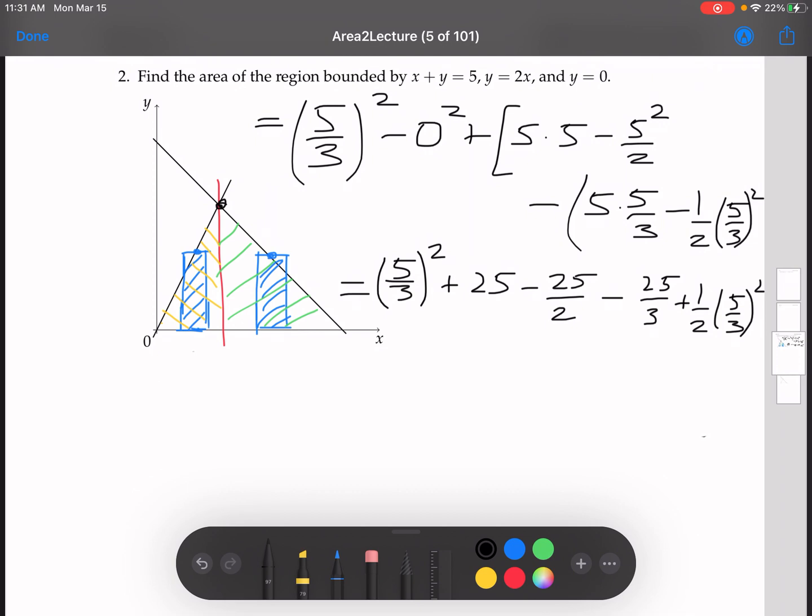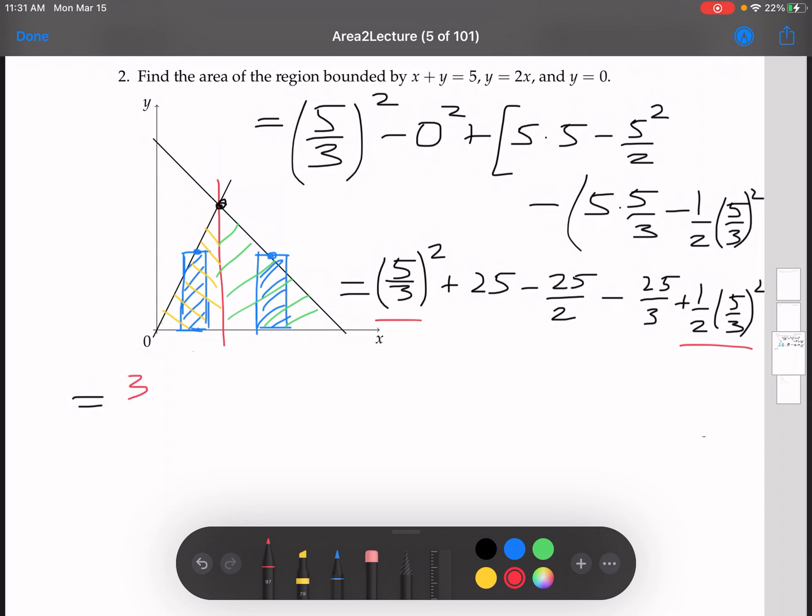Now it's just arithmetic. We've got 5/3 squared and 1/2 of 5/3 squared, so they're really like terms. You can think of the 5/3 squared as some variable. Combining like terms, 1 plus 1/2 is 3/2.